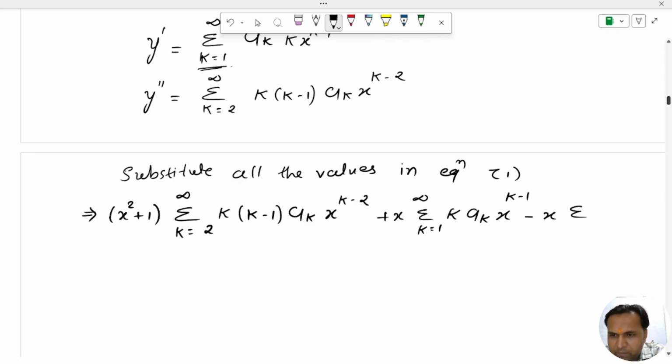What is my y? Summation k equal to 0 to infinity a k x raised to k. Done. Just substitute the values. Now the important part is to simplify. This is step 1: substitute.